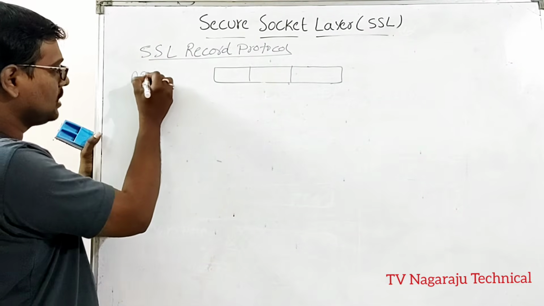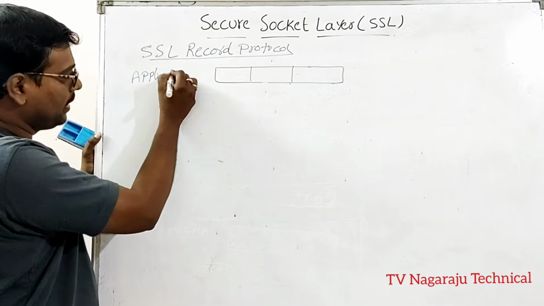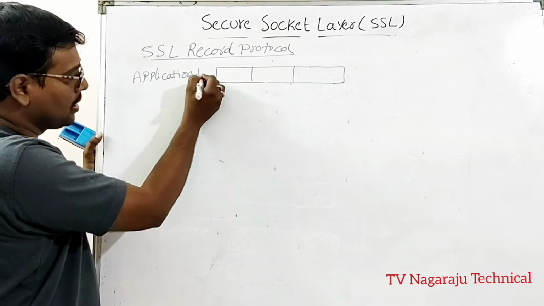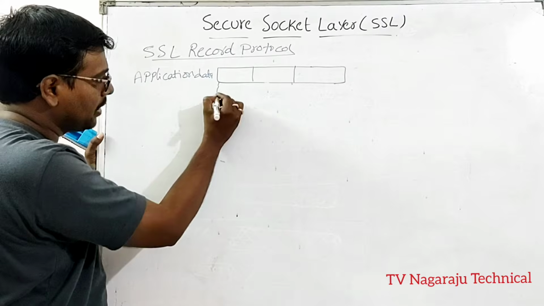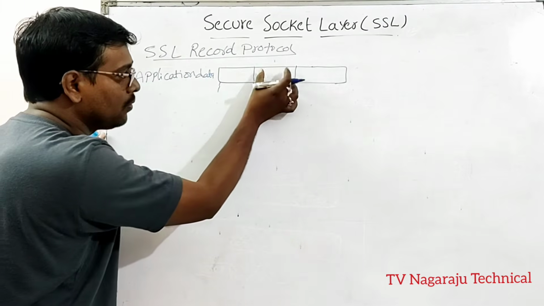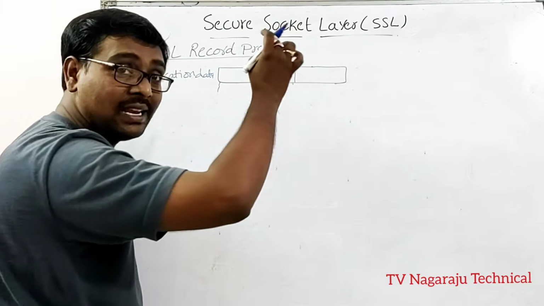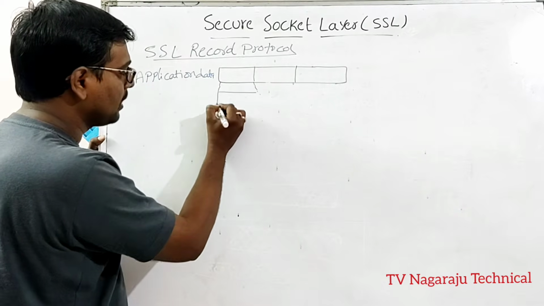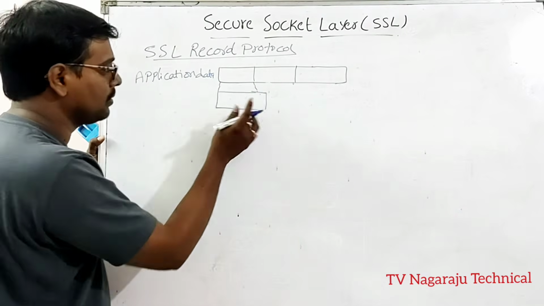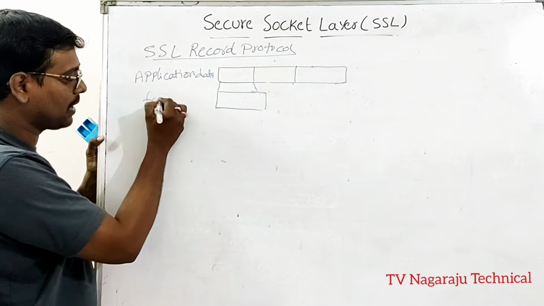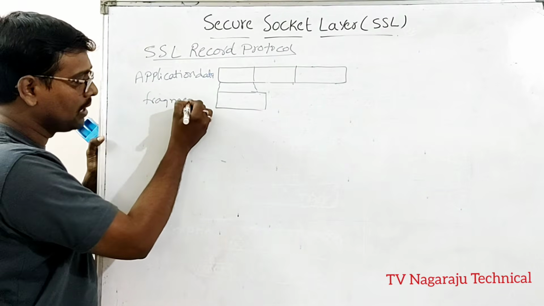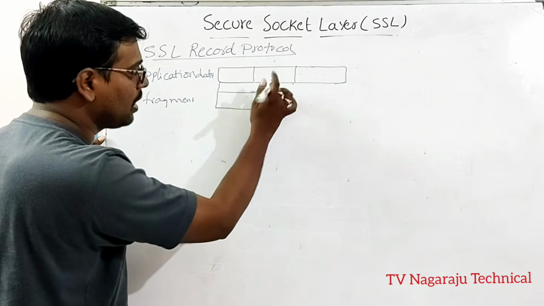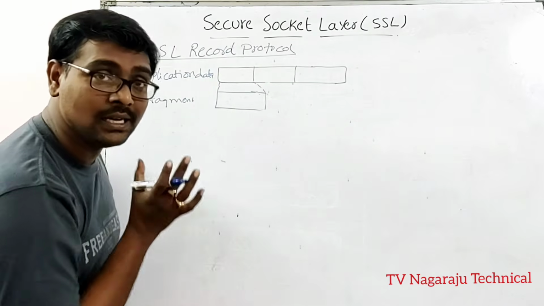So this is my data, divided into fragment 1, fragment 2, fragment 3 and so on. For understanding, consider one fragment. Each and every fragment goes through the same process.